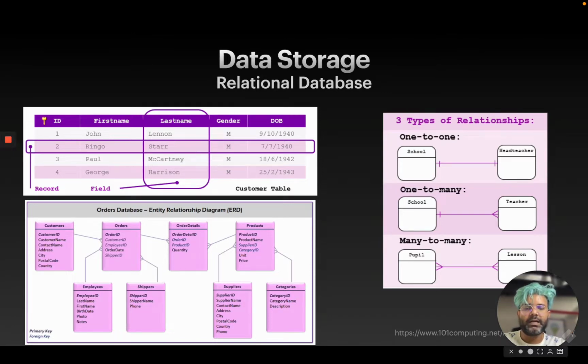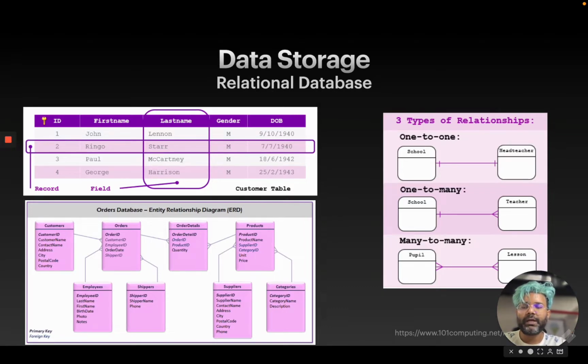Now there are additional concepts that apply to these relationships. For example, we just saw the primary ID. Now there is something called a foreign key. This primary ID or primary key is the unique key through which a record is known in a particular table.